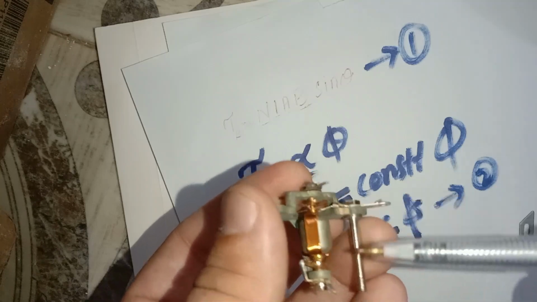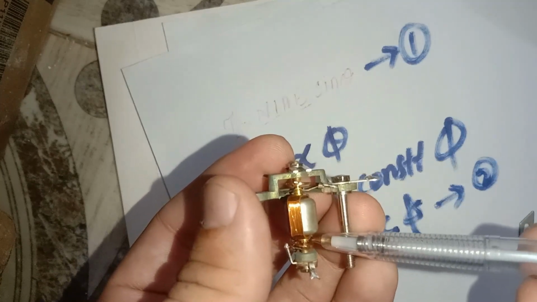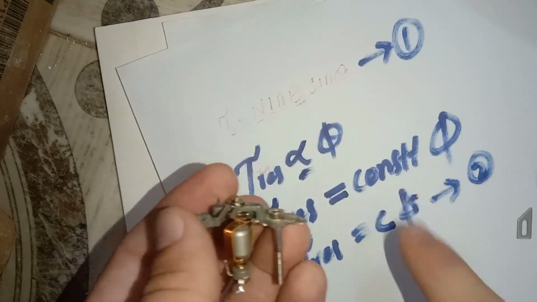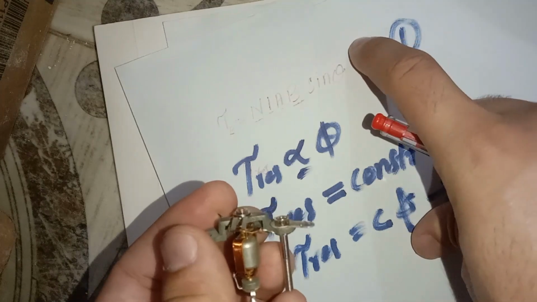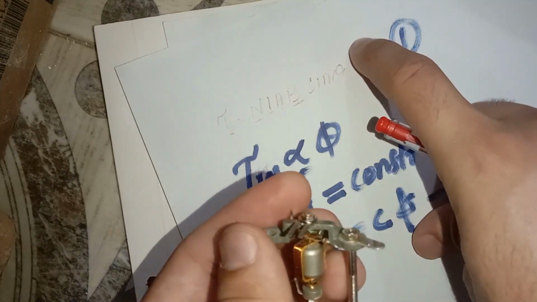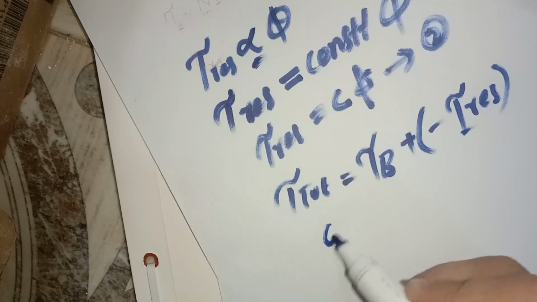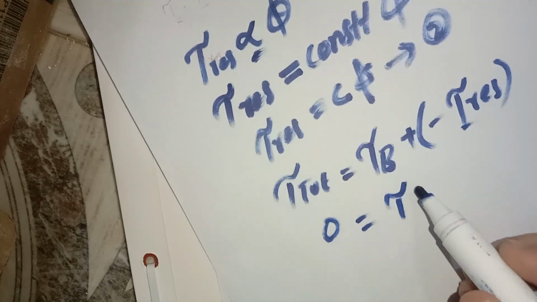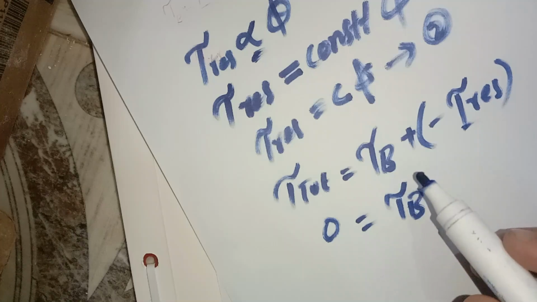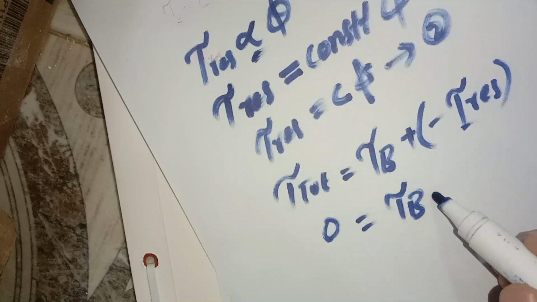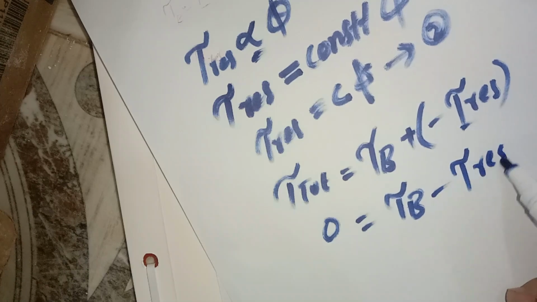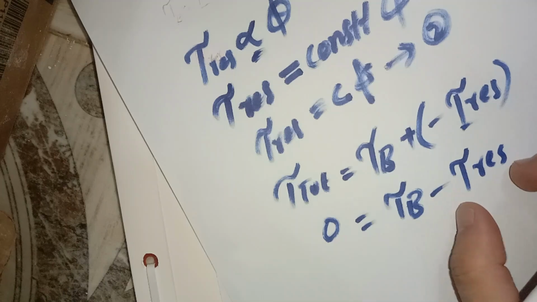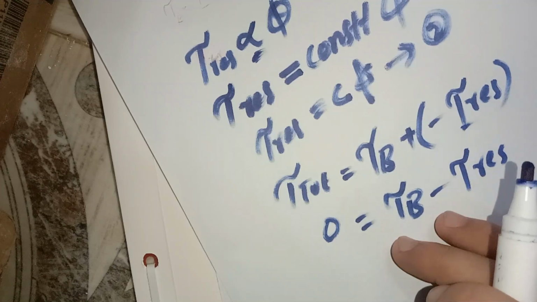Then the torque due to the coil minus the restoring torque due to the springs will be equal to 0.